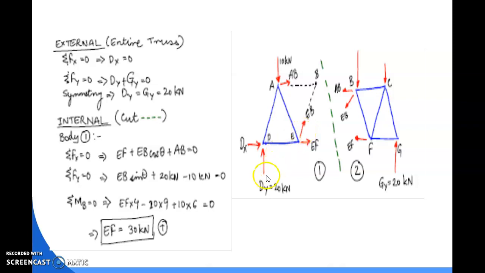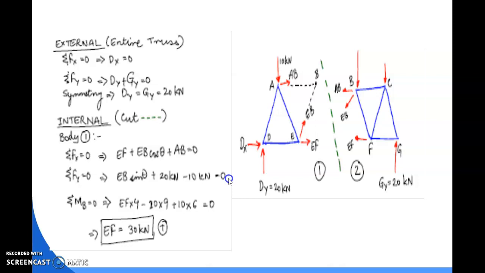The value of Dy and FEB sin theta is directed upward, and this 10 kilonewton is directed downward. So these two are positive and this 10 kilonewton should be negative. So we can put FEB sin theta plus Dy, that is 20 kilonewton, minus 10 kilonewton equal to 0.